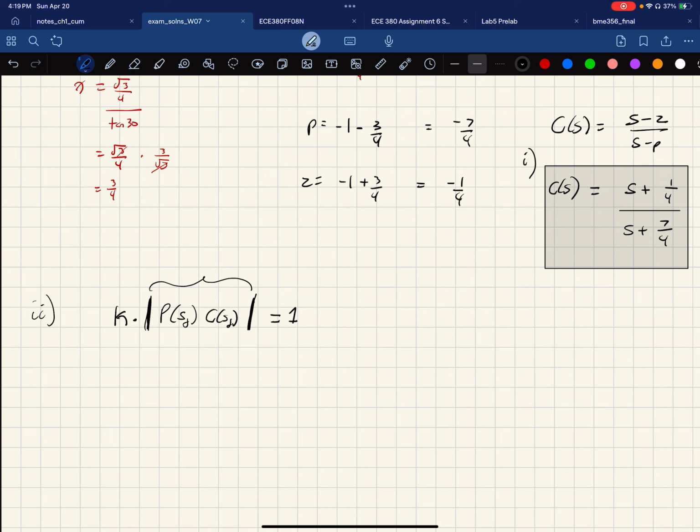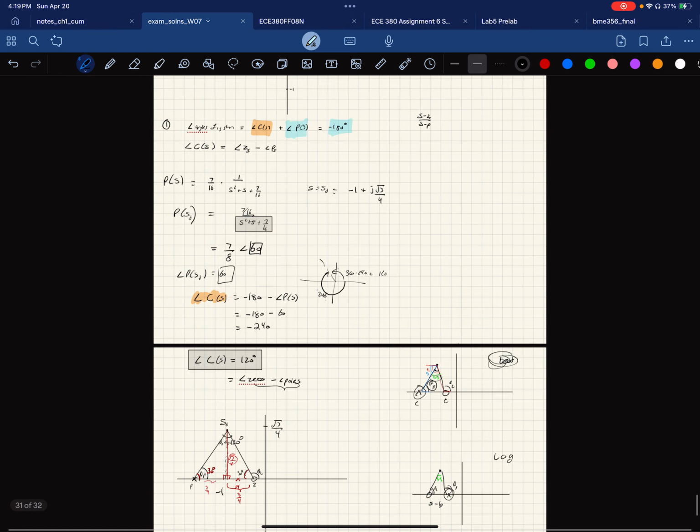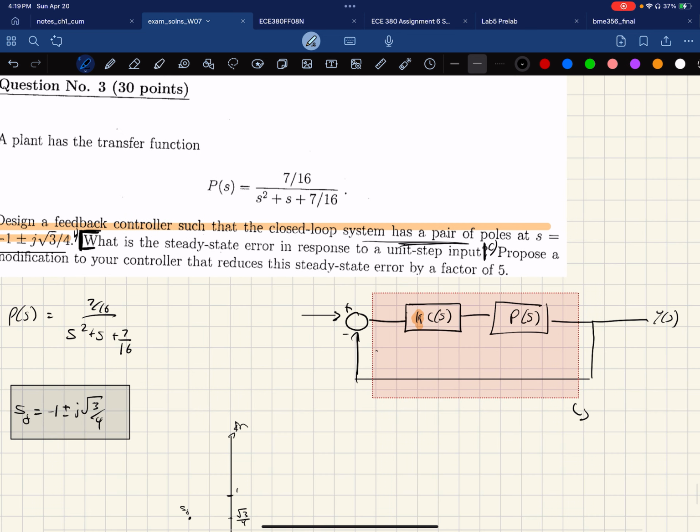There's going to be no change to the gain at all, which means K is equal to 1 over P(s_d) C(s_d), where P(s) is equal to 7/16 over s squared plus s plus 7/16.